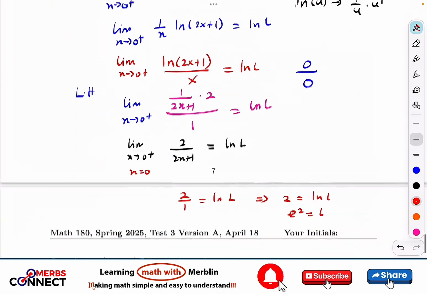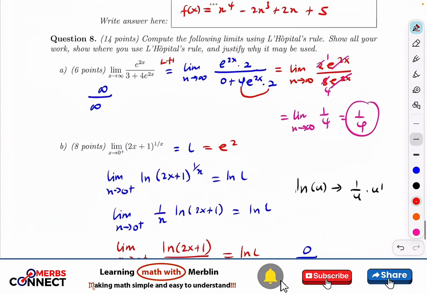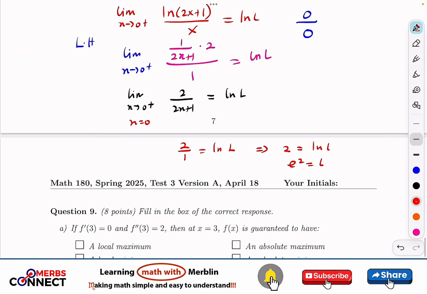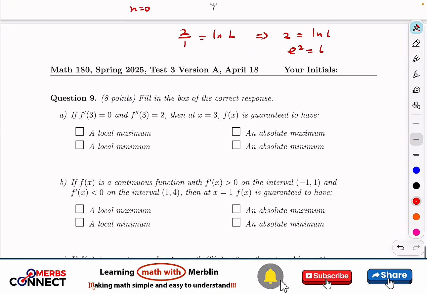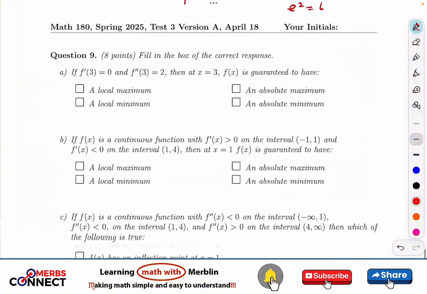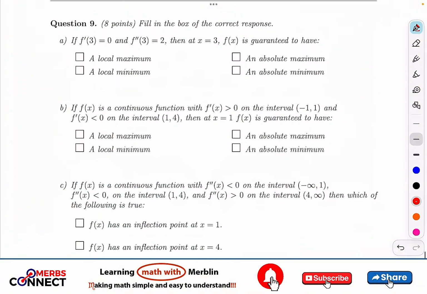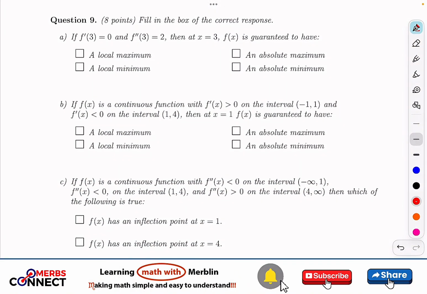So this is just step by step. Sometimes you need to do L'Hopital's rule like 3 or 4 times before you get the actual solution. So this is the last question. Let's go through it and then we are done.